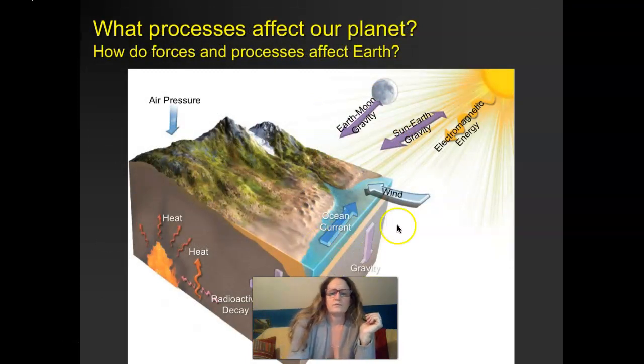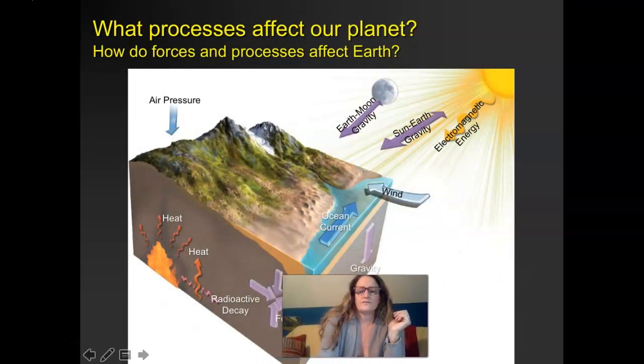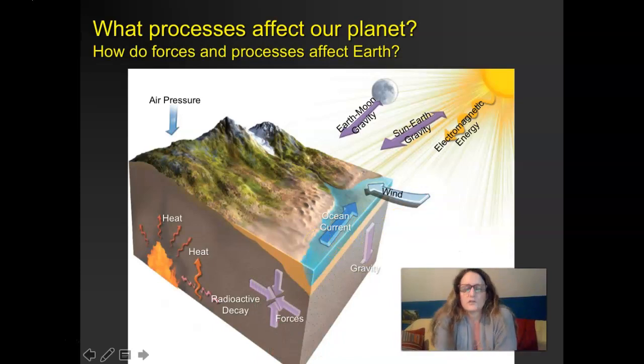There are different forces that act on the earth, and those forces are going to change the earth and create the earth processes. So let's start here with electromagnetic energy. That's the sun energy. That's going to heat the earth from the outside. When you heat the earth from the outside, that gives us differential heating because the earth is tilted.